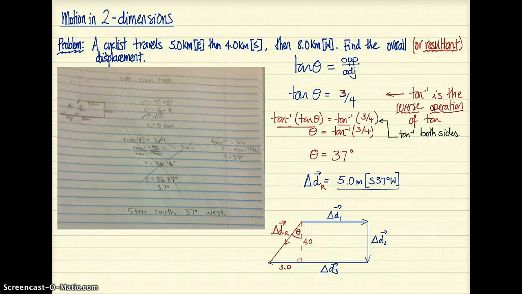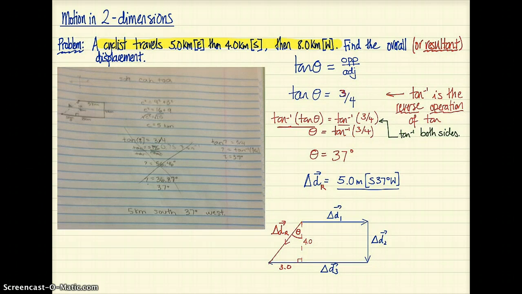Okay, so today we looked at motion in two dimensions. So far we have only been referring to motion in one dimension, like north, south, east, west, or forwards, backwards. In this problem you'll see here we talk about a cyclist traveling 5 kilometers east, then 4 kilometers south, then 8 kilometers west.